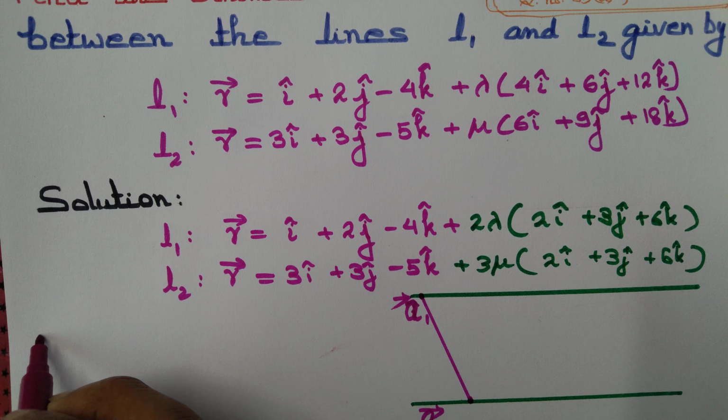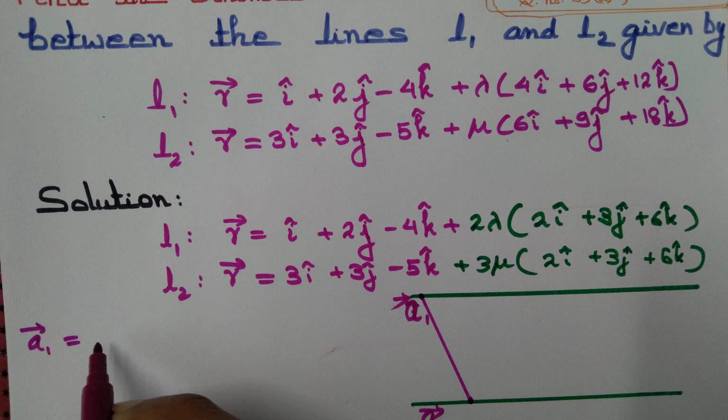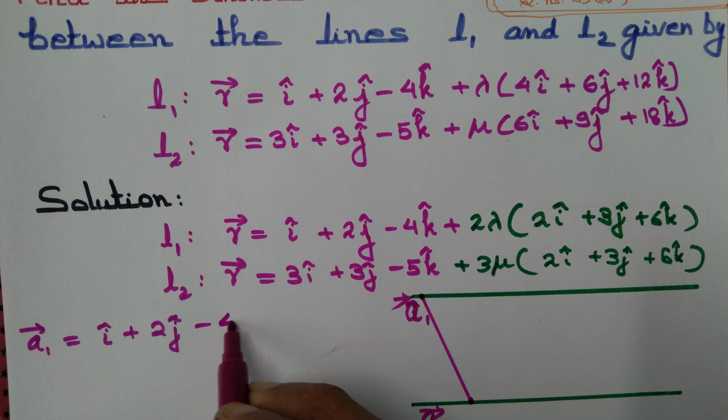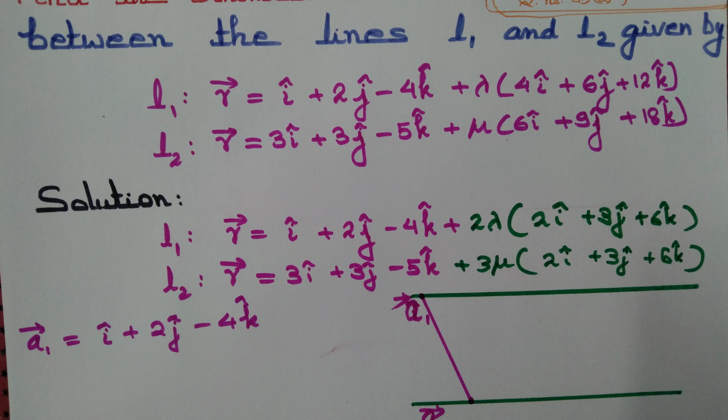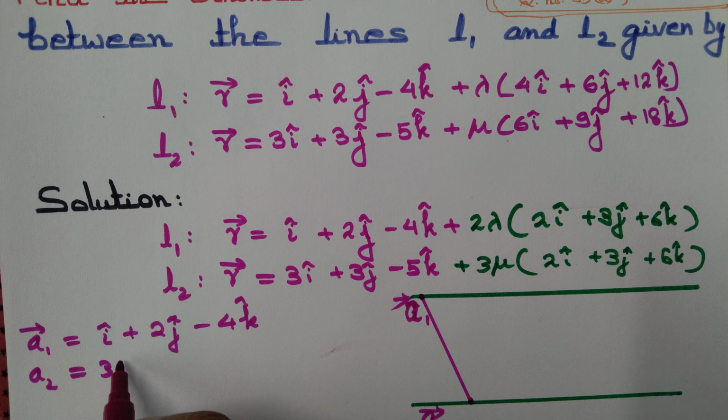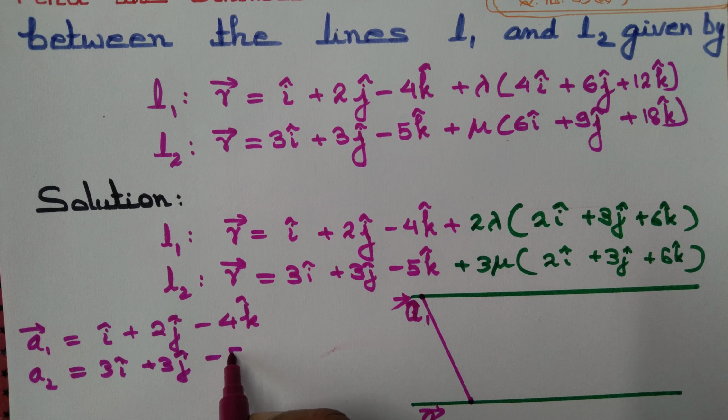Let us write A1 equal to i plus 2j minus 4k and A2 equal to 3i plus 3j minus 5k.